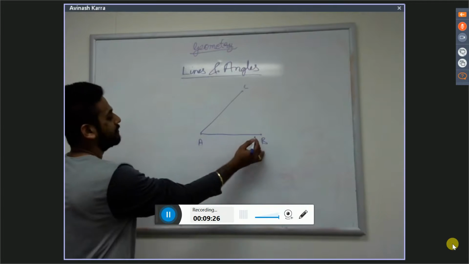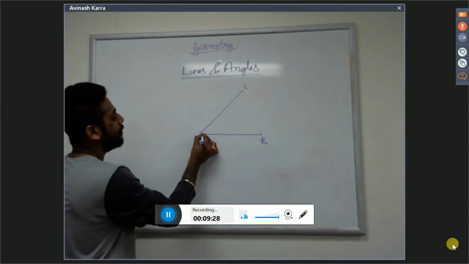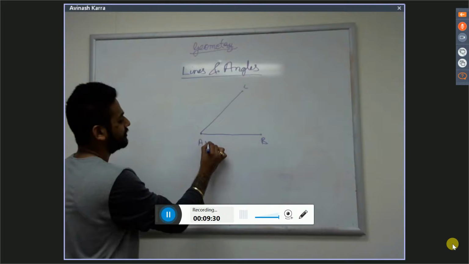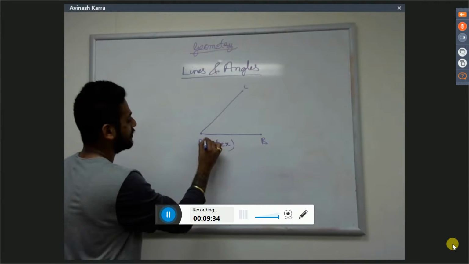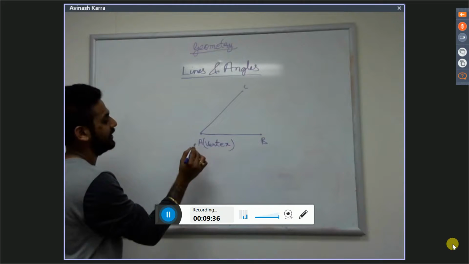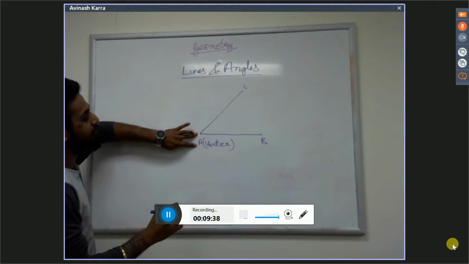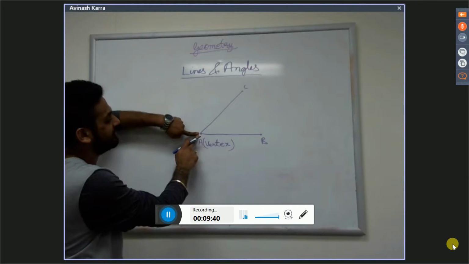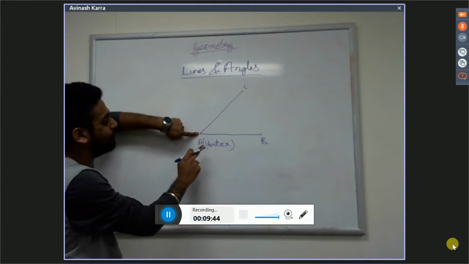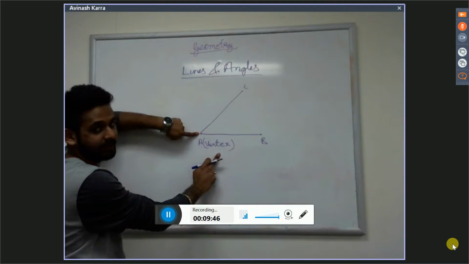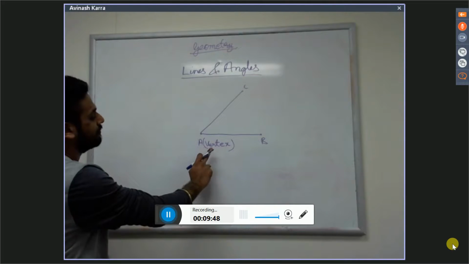See, the common point is called the vertex. So vertex A. A vertex is nothing but the point of intersection of two lines. The point of intersection of two lines is called the vertex.